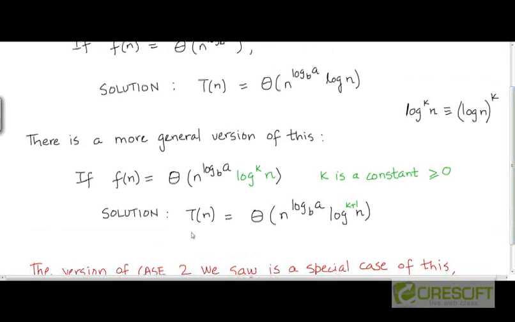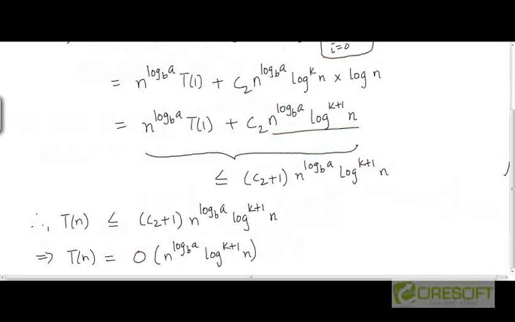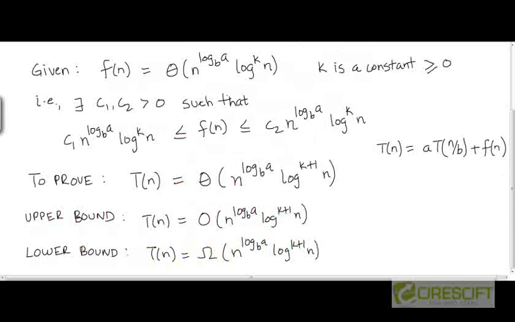The solution to the generalized version of case 2 is T of n is in theta of n to the power log base b of a times log to the power k plus 1 of n. And that is exactly what we have proven. So our proof is now complete. We proved an upper bound on T of n and we proved a lower bound on T of n. So in effect we have proven that this function is a tight bound on T of n.